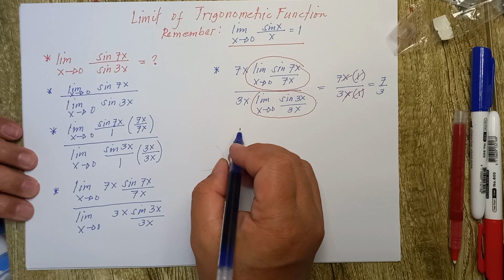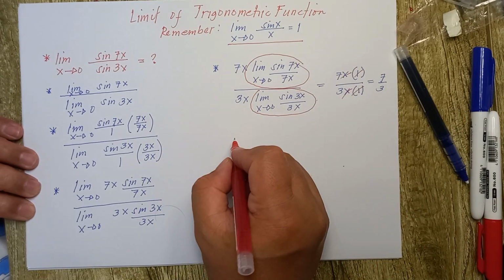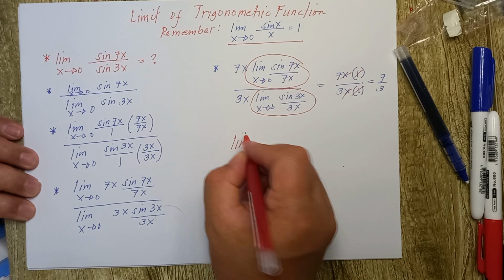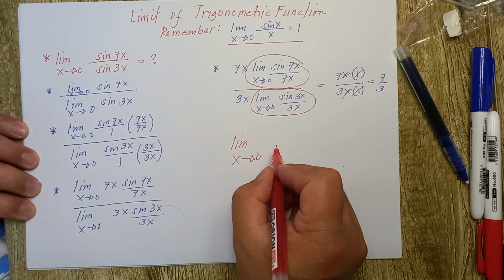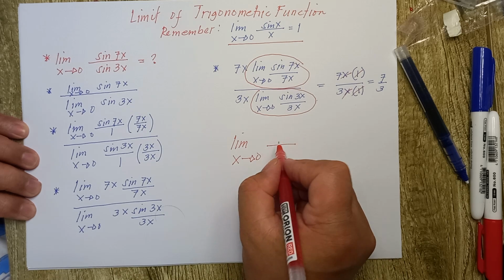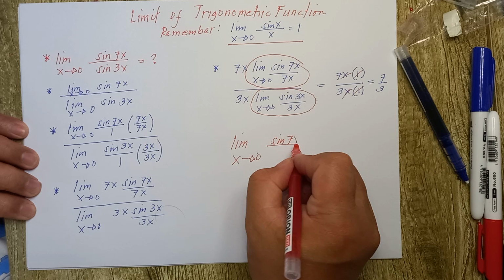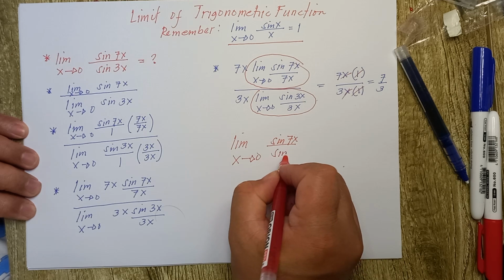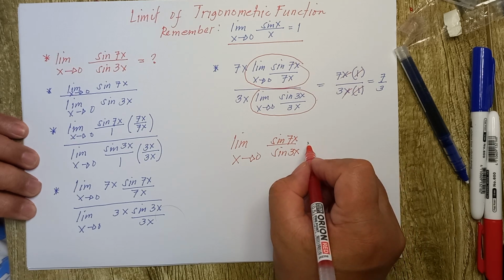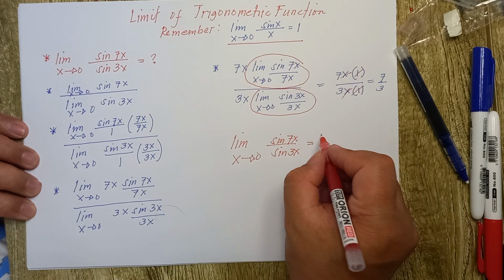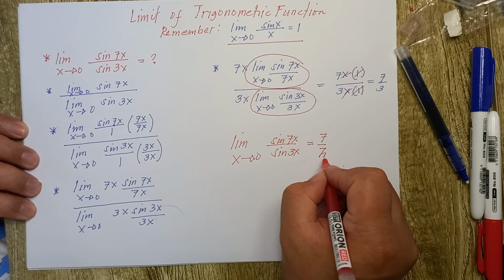So we can now say that the limit as x is approaching 0 of sine 7x over sine 3x is equal to 7/3.